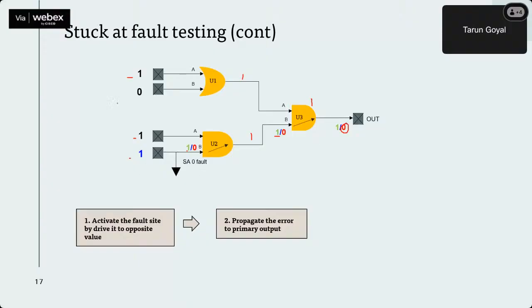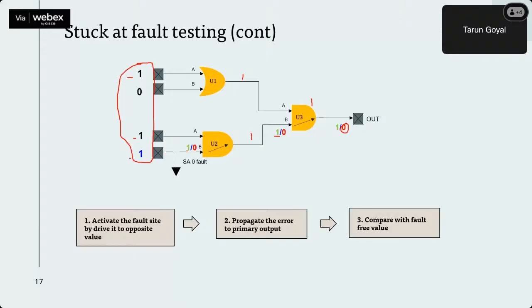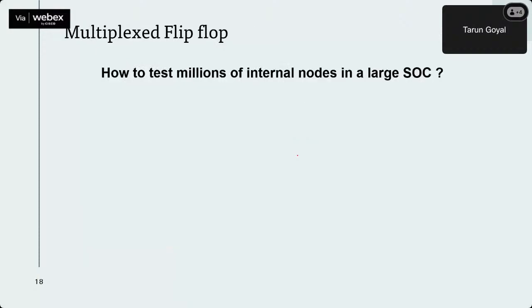This is how we activate the fault, propagate it to the primary output, and compare. It is supposed to be 1, but due to the manufacturing defect it is translating differently, and we can see this is a defective die.